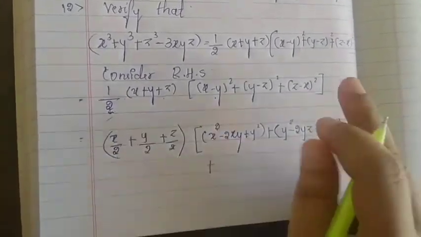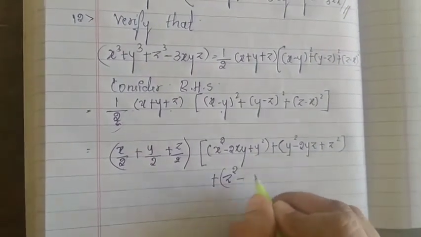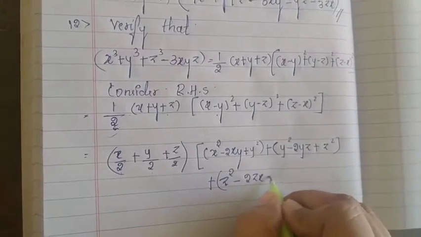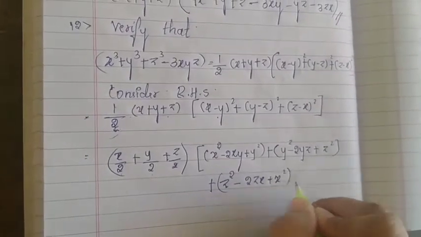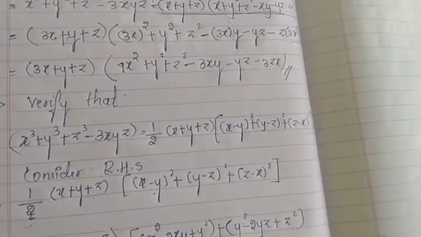Again the last bracket is there, no? z minus x the whole square, the same thing: z square minus 2zx plus x square. Now again what you have to do here is just open this bracket.